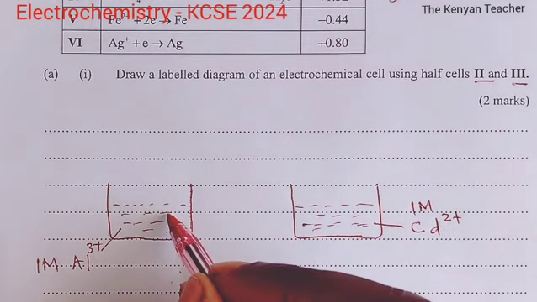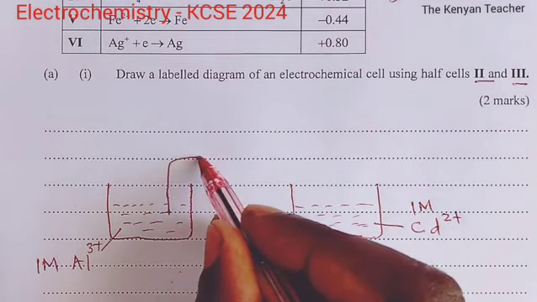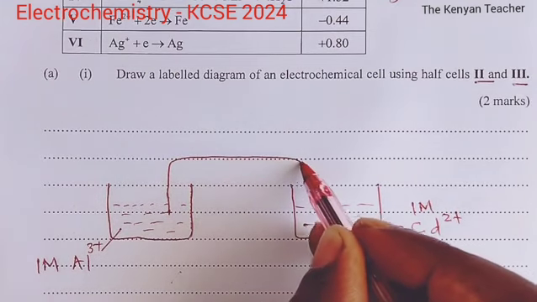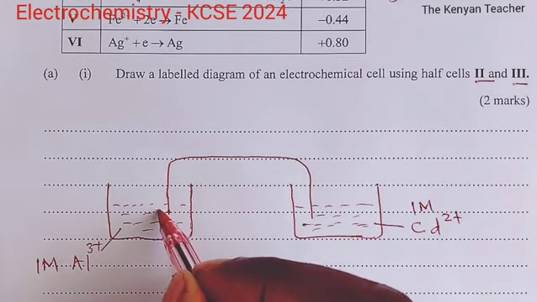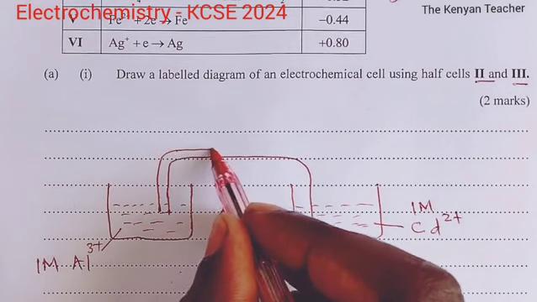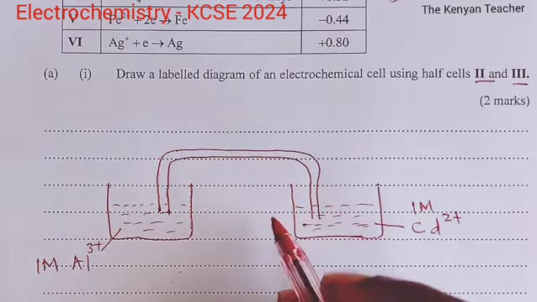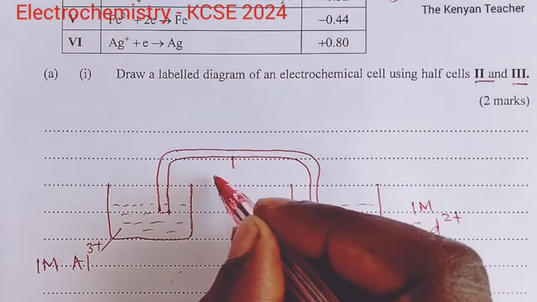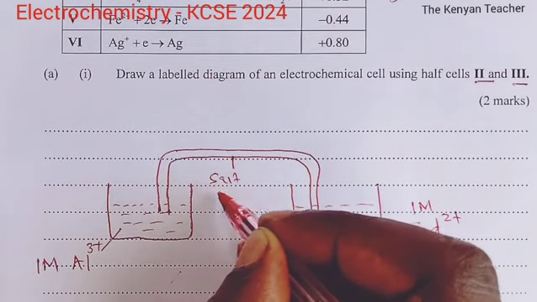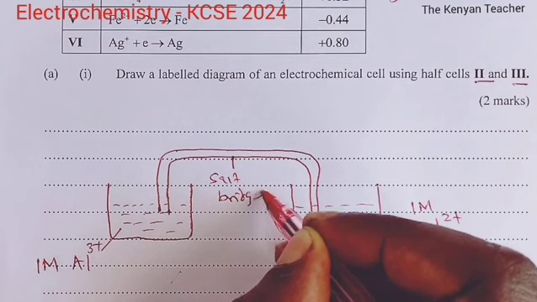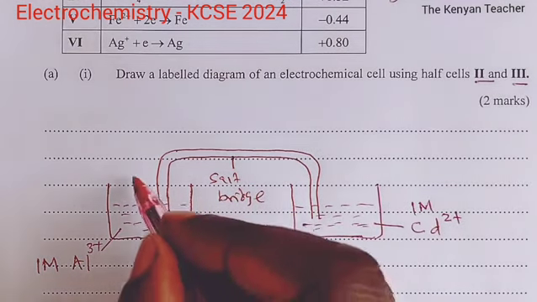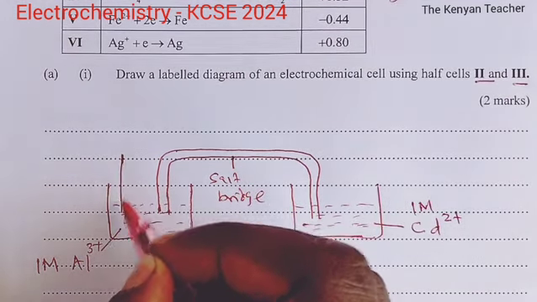Now, in between the 2 electrolytes, we have what we call a salt bridge that will help in completing the circuit. Don't forget, the question is asking us to do what? To label. So this is our salt bridge. Now, we need to put in our electrodes.